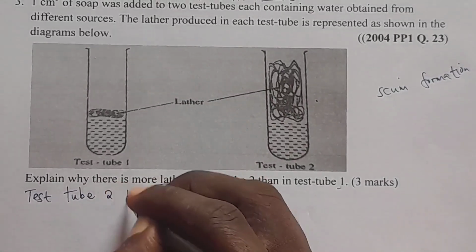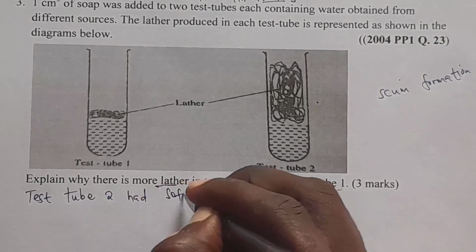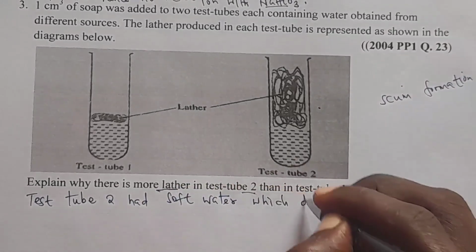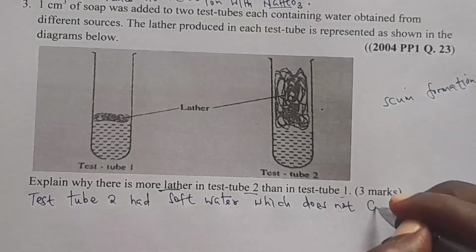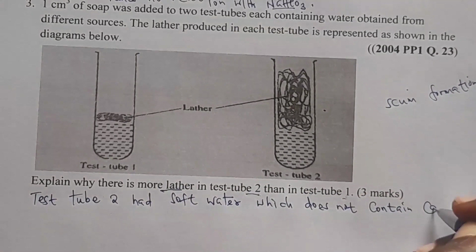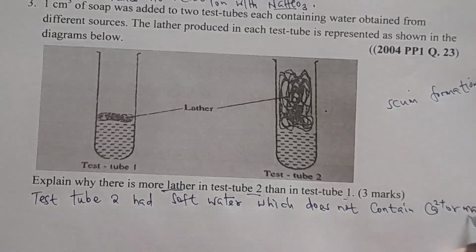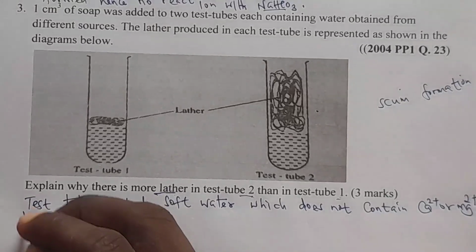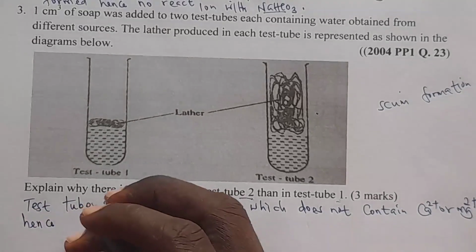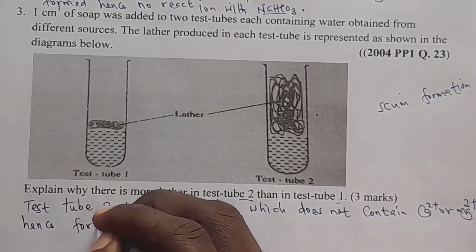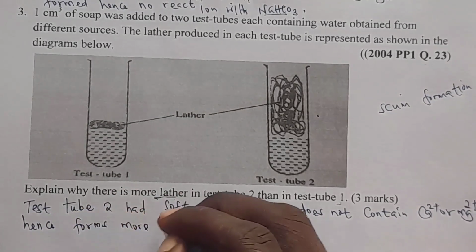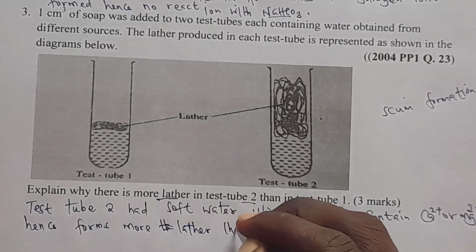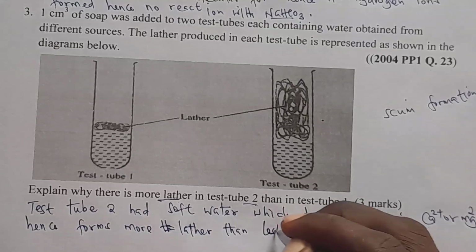Test tube 2 had soft water, which does not contain calcium or magnesium ions, hence forms more lather than test tube 1.